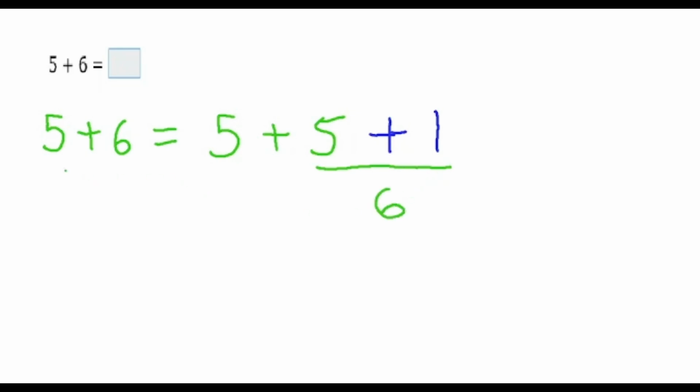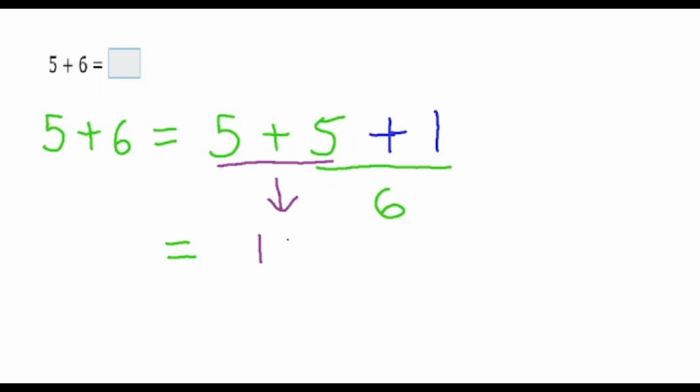So isn't this basically the same word problem as this one? What makes it easier is that we know that 5 plus 5 is 10. So we could replace 5 plus 5 with 10.